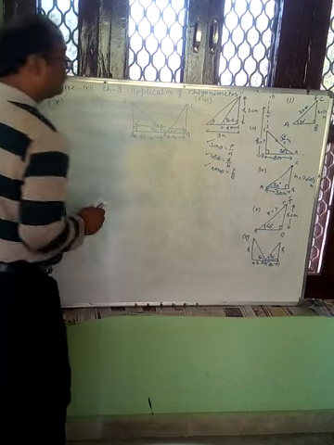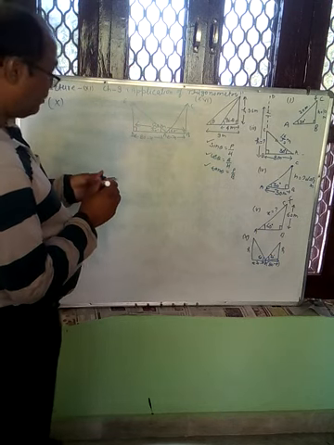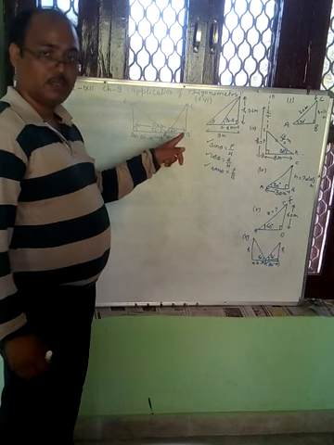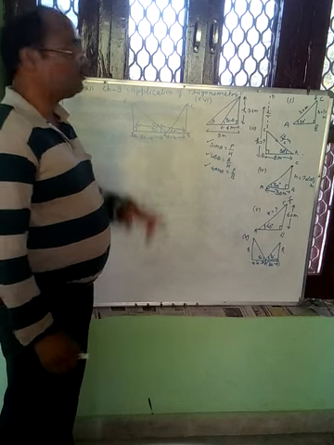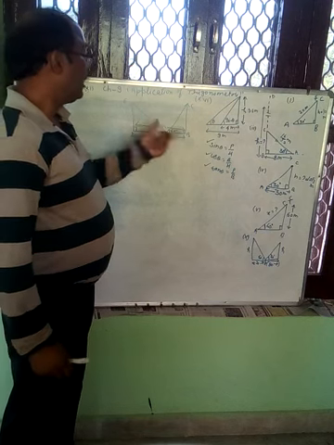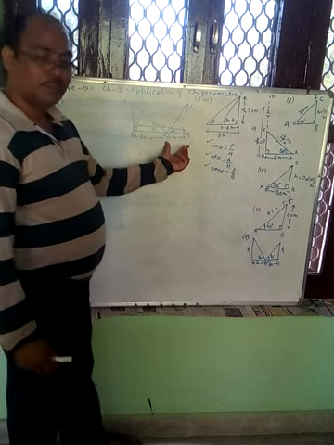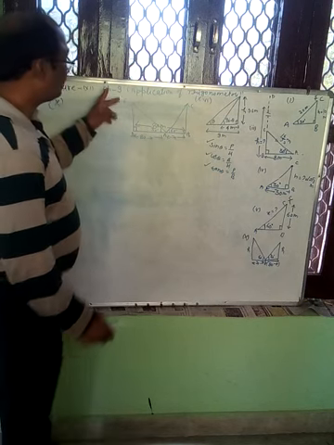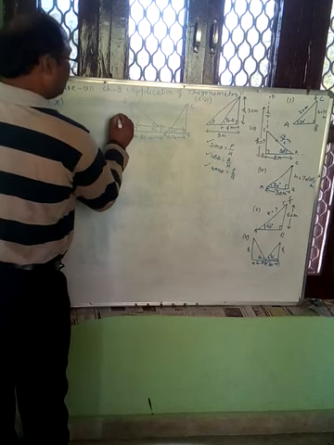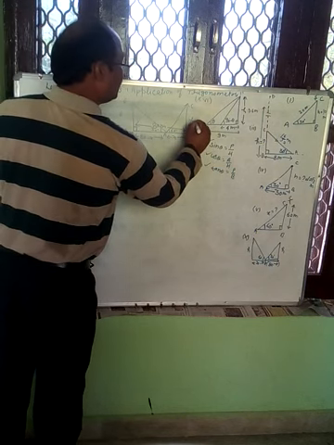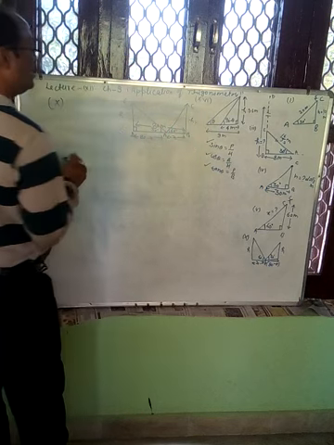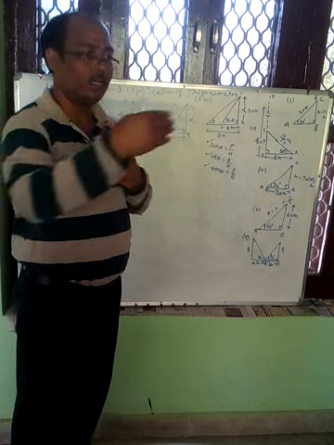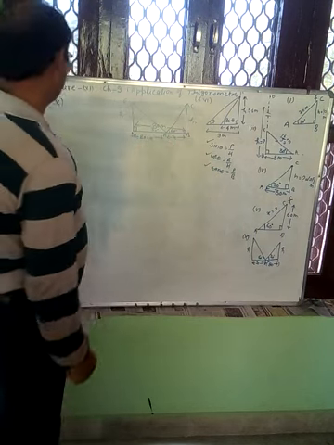Suppose we take this as x meters, then this is 80 minus x, and the height of the electric pole is H, and this is also H. The heights of both electric poles are the same, as they are standing on opposite sides of the road.